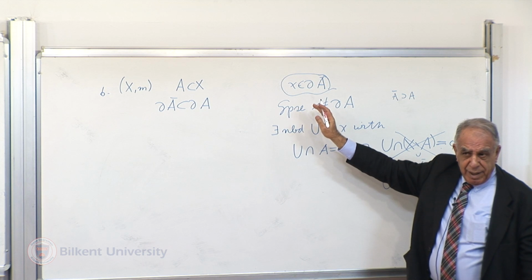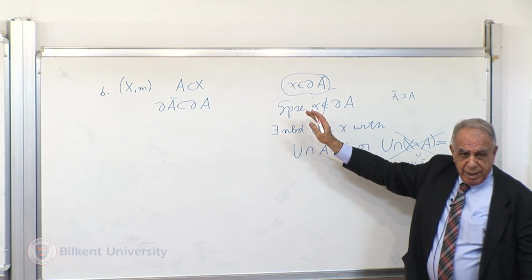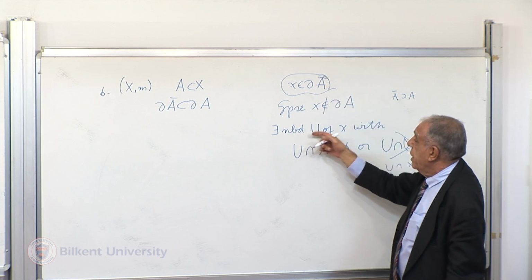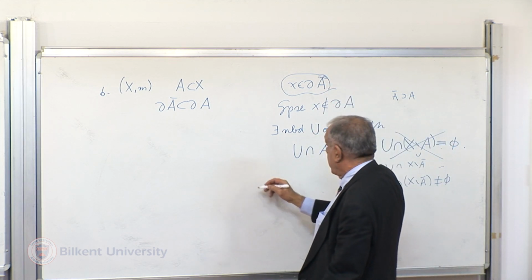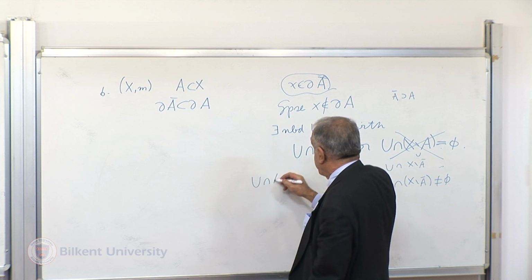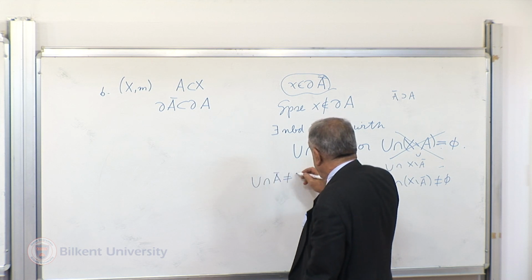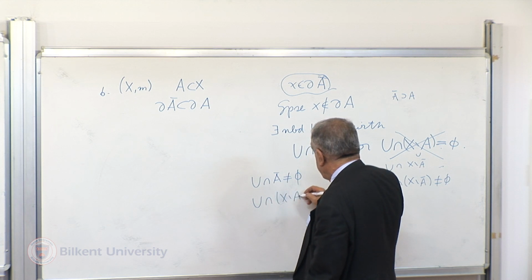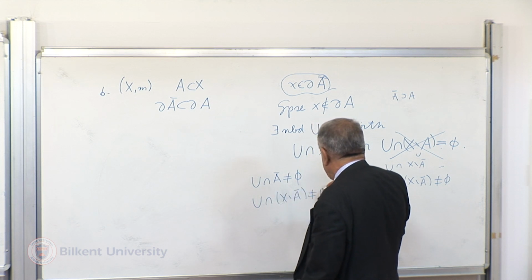Is that okay? x is in here, U is a neighborhood of x, so U intersection A closure is non-empty. U intersection X minus A closure is non-empty as well.